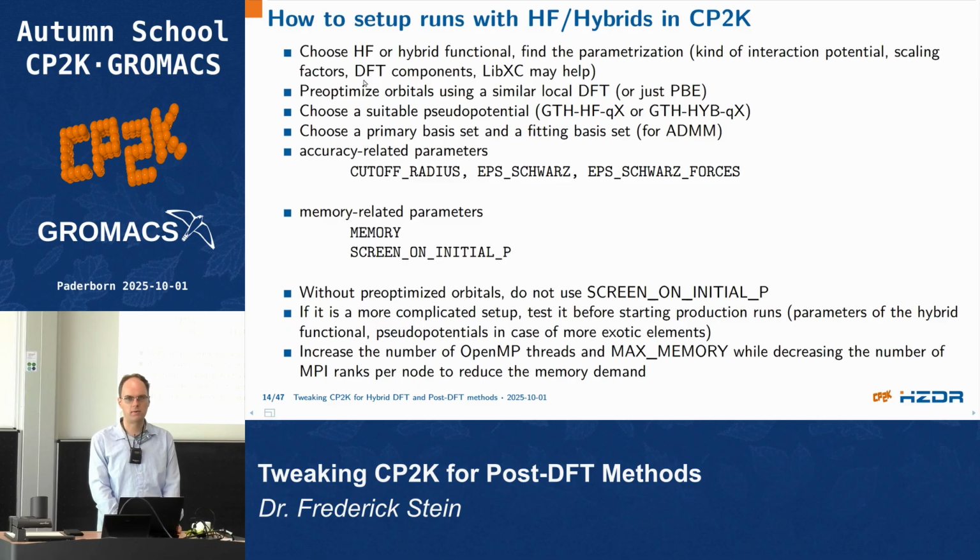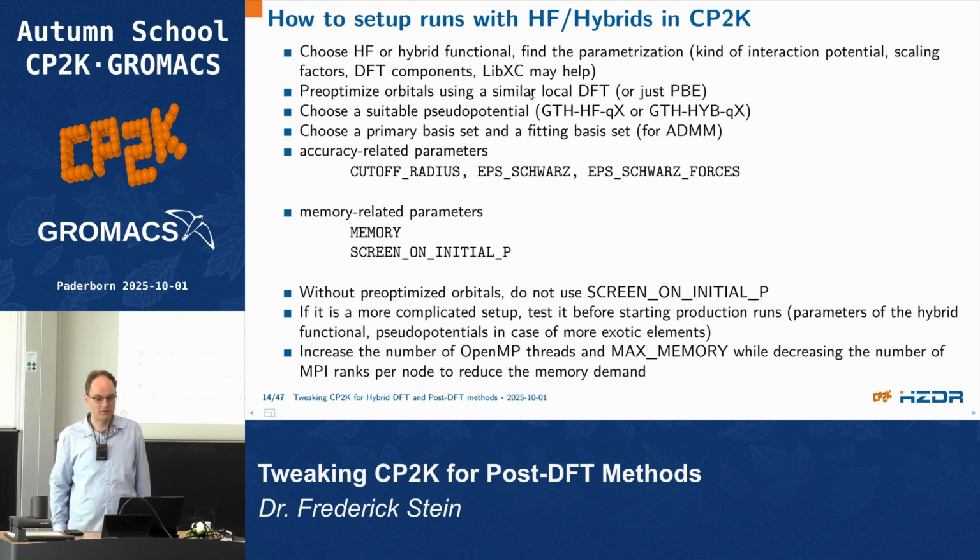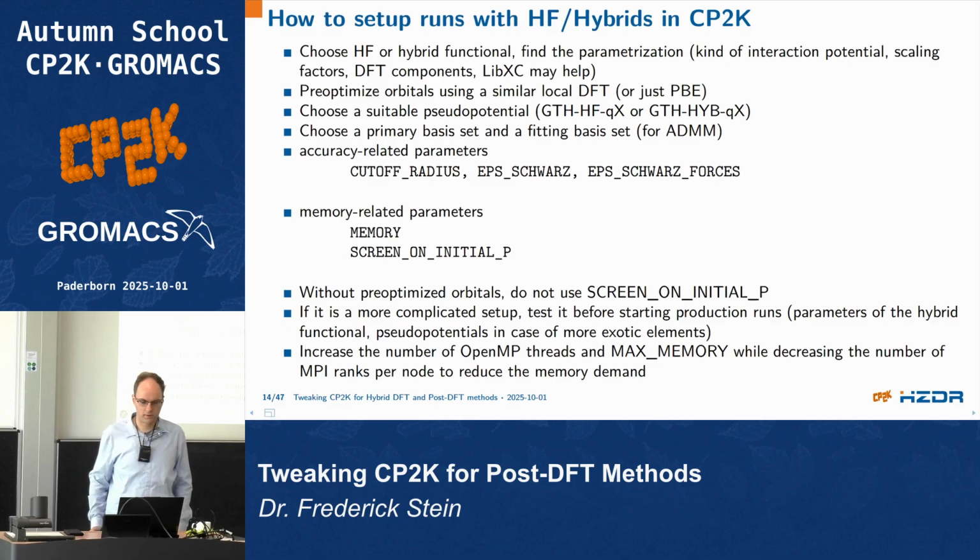CP2K comes with a smaller variety of basic density functionals. A variety of functionals which are still missing are available using the libxc library. Then you should always pre-optimize the orbitals, so that you can apply a density-based screening for the Hartree-Fock part. Or if that's not available, just use PBE. That's usually a good approximation for most purposes.